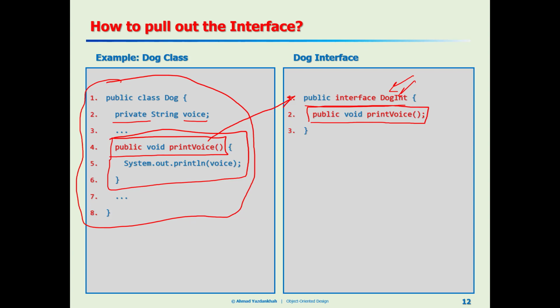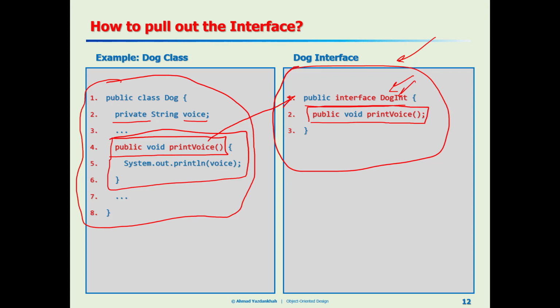No implementation of the method. So what we said was we can pull out the interface of a class and put it in a separate class, I'm sorry, separate file. And here is how we can do that. But we need to talk more about this, right?